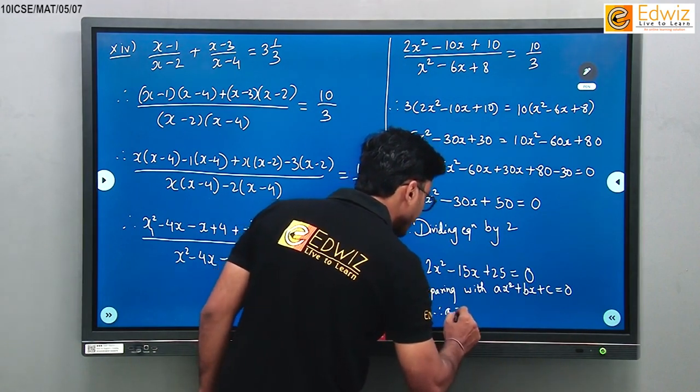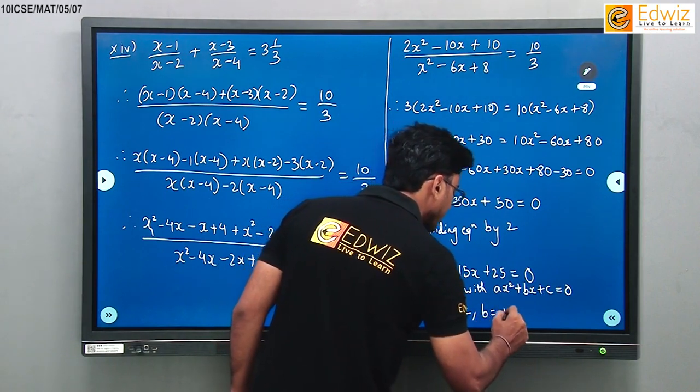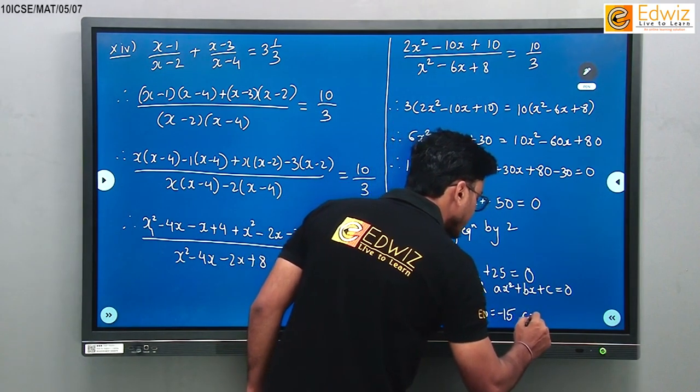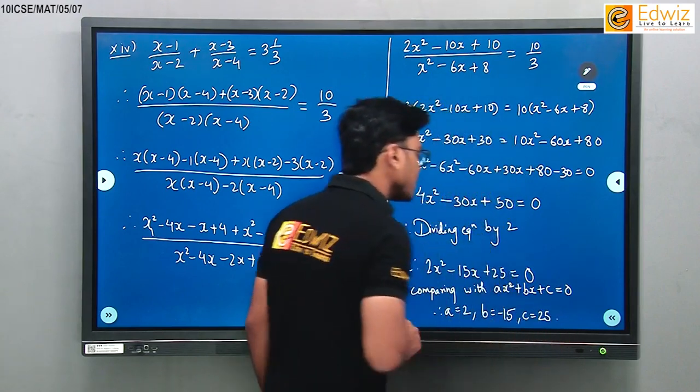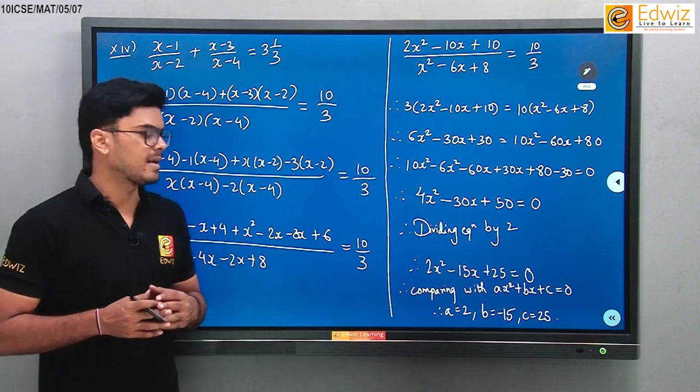A here will be equal to 2, B will be equal to minus 15 and C will be equal to 25. Correct? So this is the equation and the values of A, B and C.